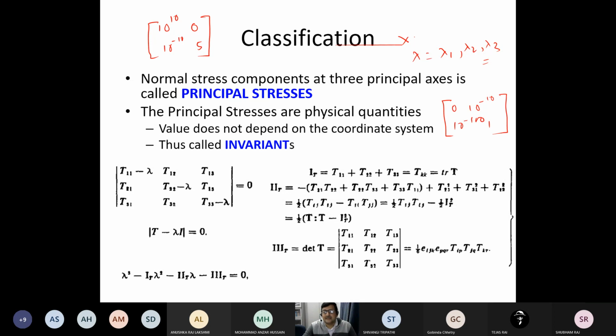Here, if I take the roots, what do you expect to happen in these two matrices? Is it diagonally dominant? Yes, sir. So in this case, you will see this will be higher.